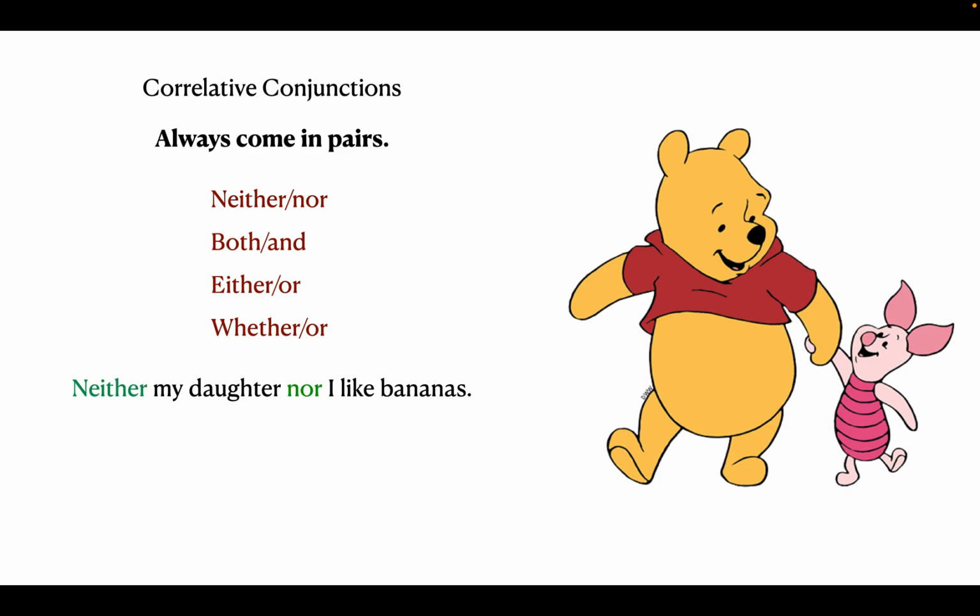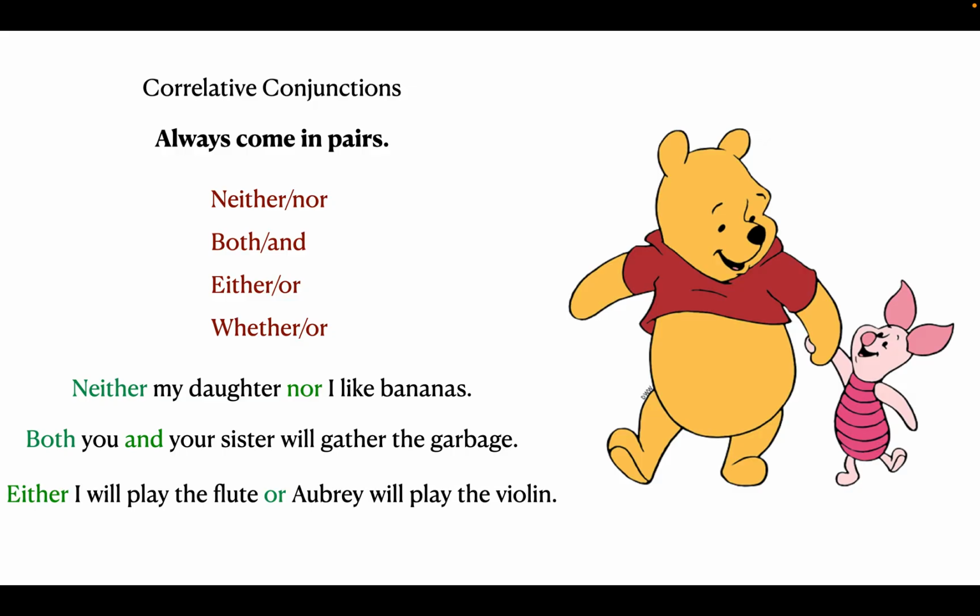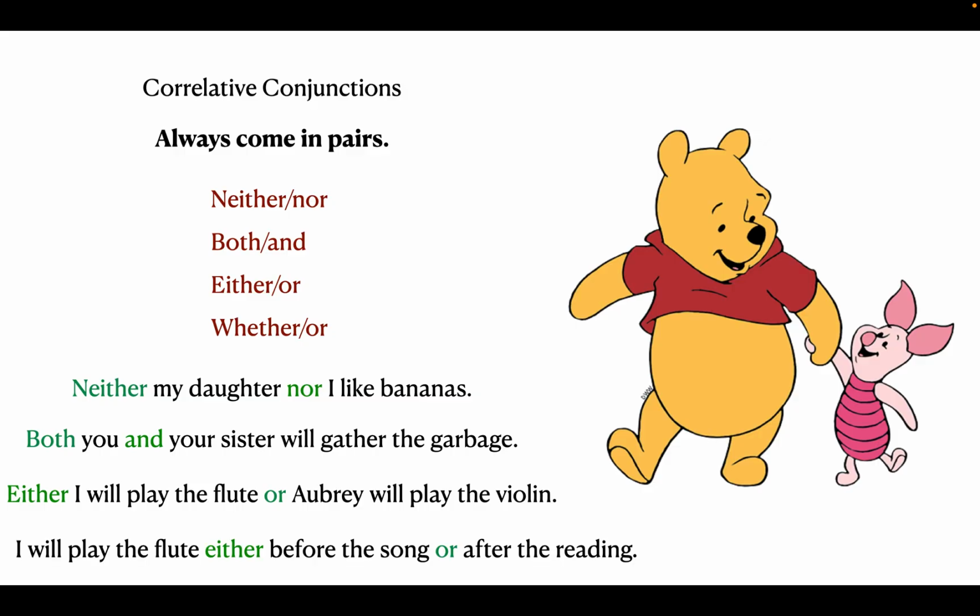Some examples would be: Neither my daughter nor I like bananas. Both you and your sister will gather the garbage. Either I will play the flute or Aubrey will play the violin. I will play the flute either before the song or after the reading.